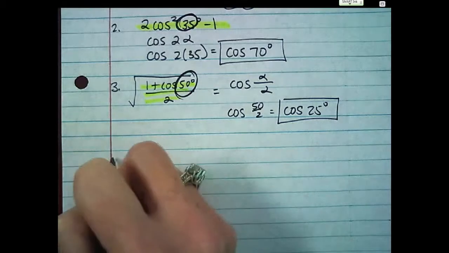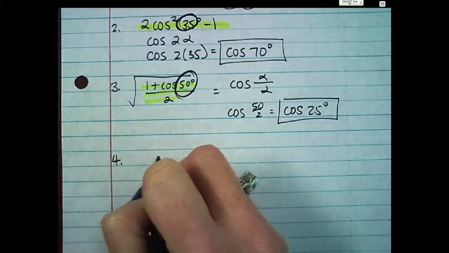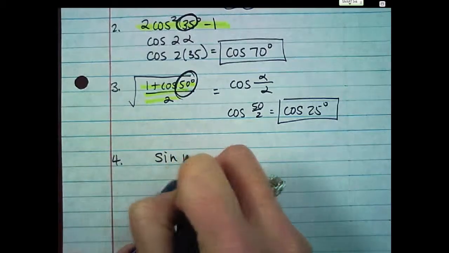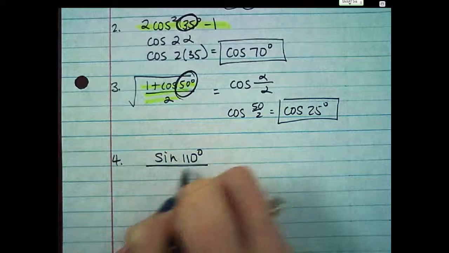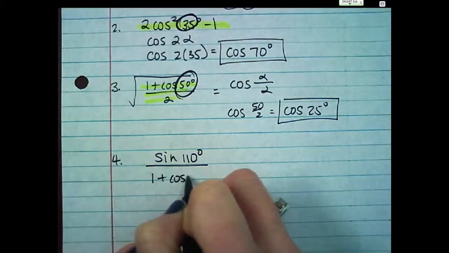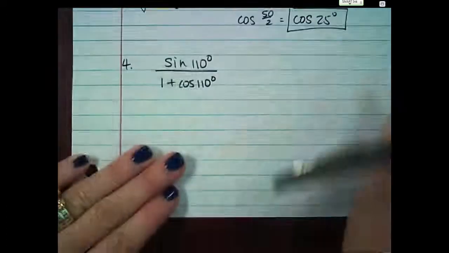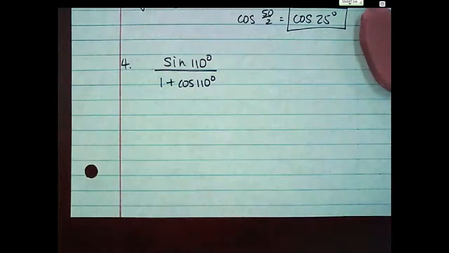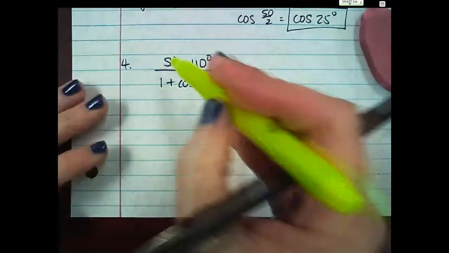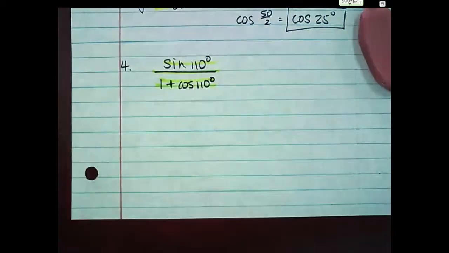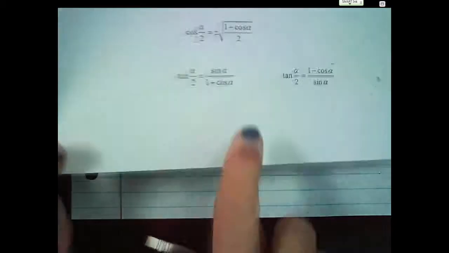All right, let's go to number 4. Number 4 says sine of 110 degrees over 1 plus cosine of 110 degrees. Find that one on your paper. Which formula matches that? Sine over 1 plus cosine. It's right here.